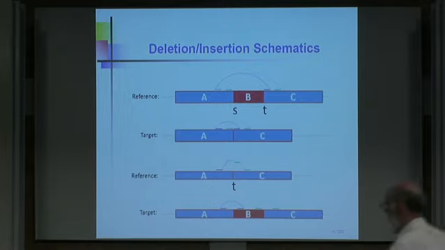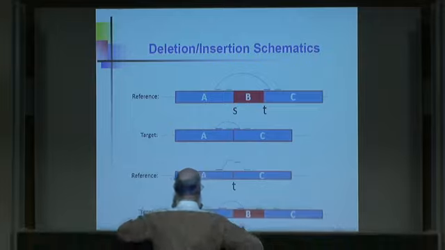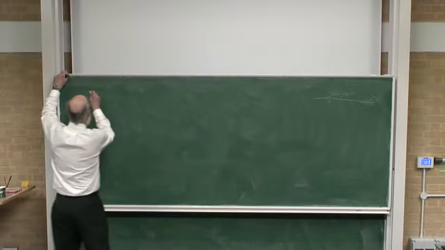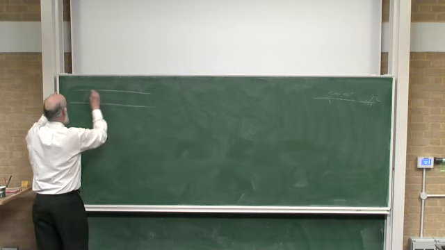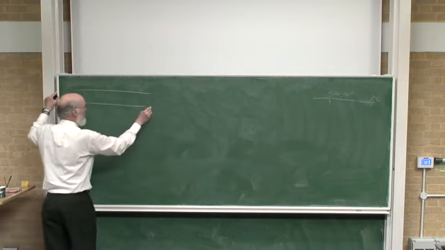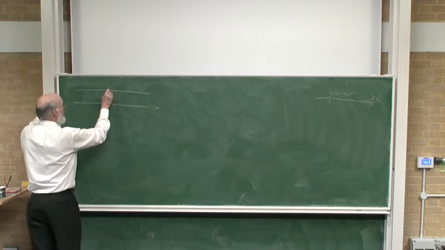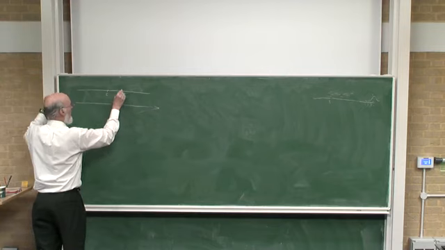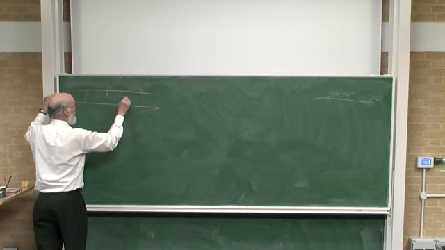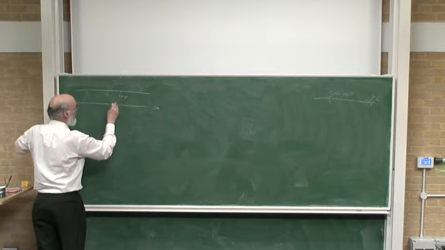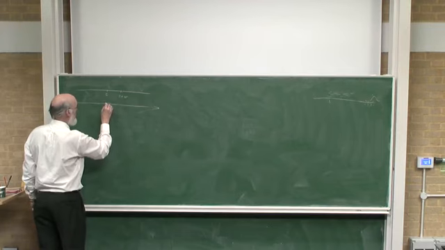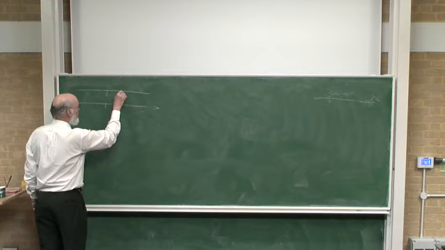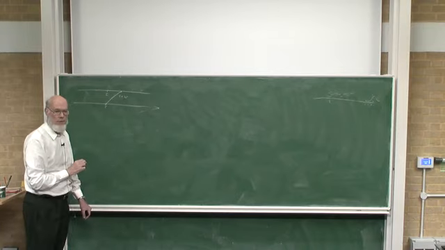Now let me, at the risk of messing up everything, draw two slightly different pictures. Here's the insertion. So here's the reference genome, and here's the insertion. There's an insertion from tau to tau plus W. So this material is not in the reference genome. That means this point will map faithfully to tau, but this point, or this point plus epsilon, will map to tau plus epsilon.